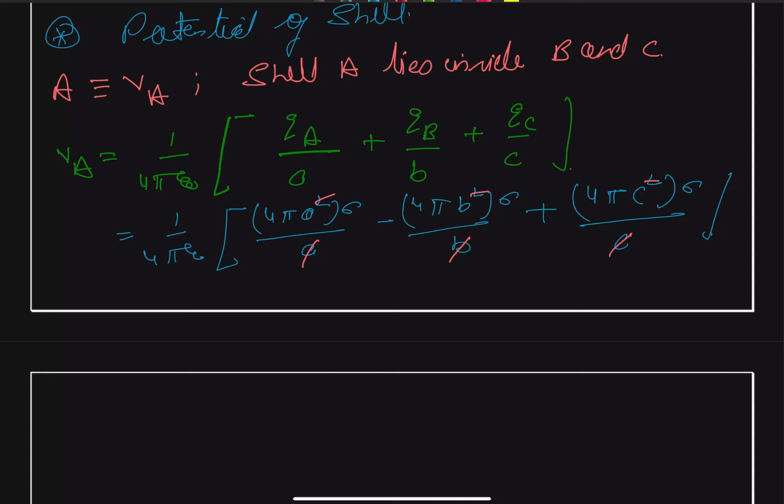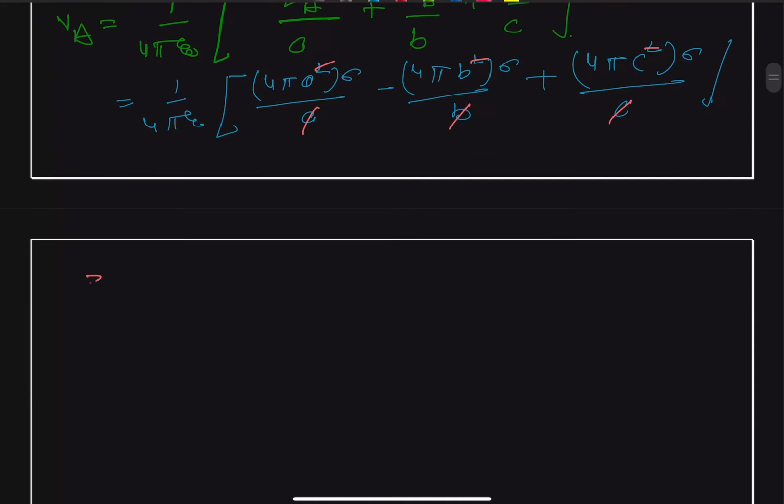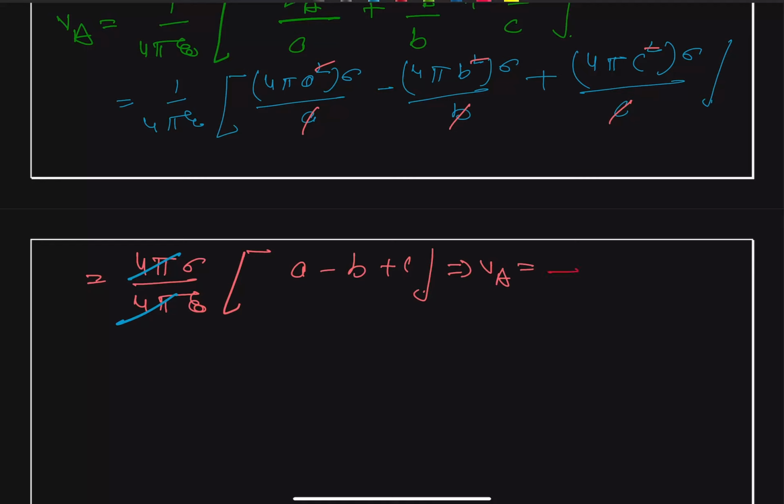And we can take 4 pi sigma common. So this will be equal to 4 pi sigma divided by 4 pi epsilon naught, and this comes as A minus B plus C. And here 4 pi and 4 pi cancel out, therefore we get VA is equal to sigma upon epsilon naught, into A minus B plus C. So this is the potential of the shell A.